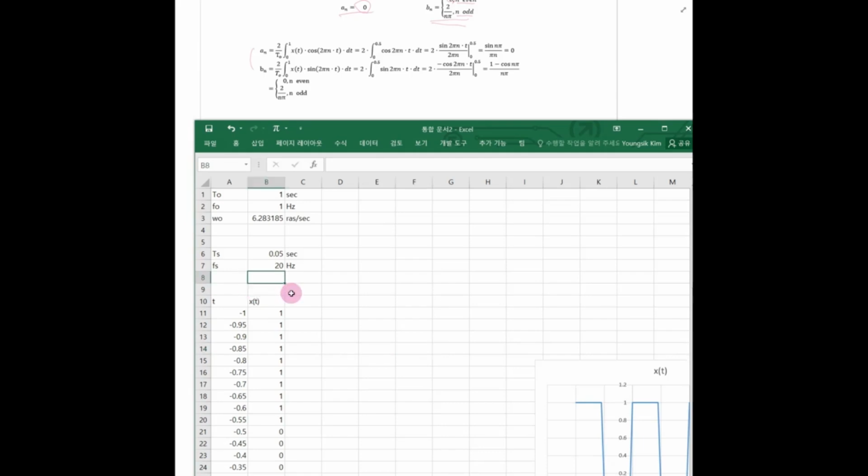The harmonic index is n, which means a frequency component. The first one is 0, which is the DC component. The coefficient c0 is just the integration over the whole period of x(t), which is the average value of x(t). This has a non-zero value only between 0 and 0.5, with magnitude 1, so it is 0.5.